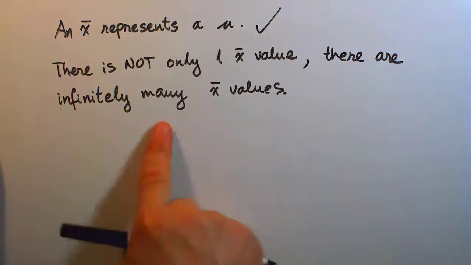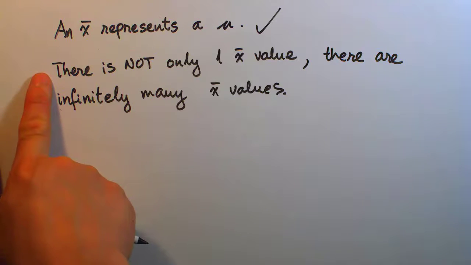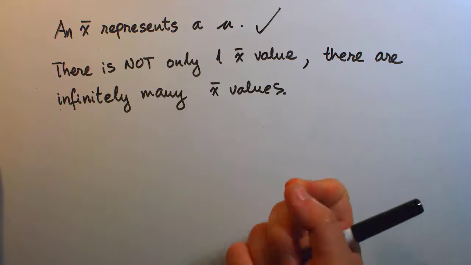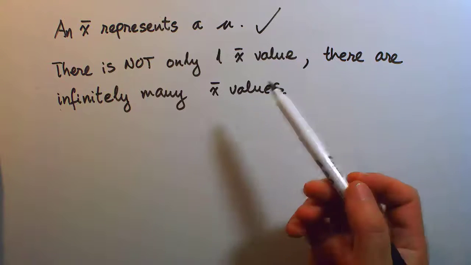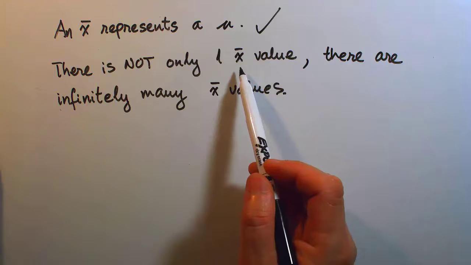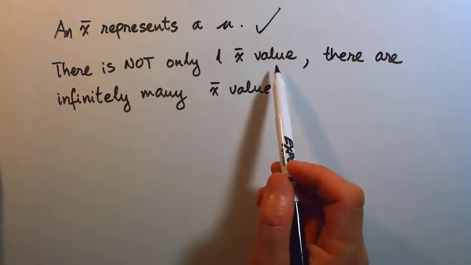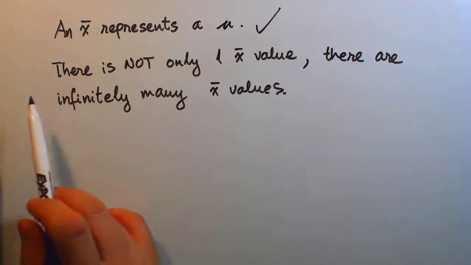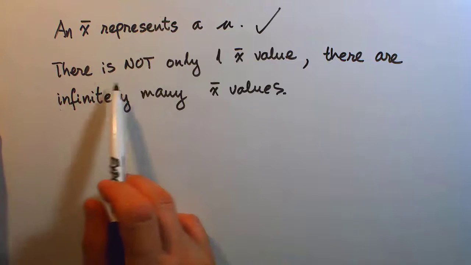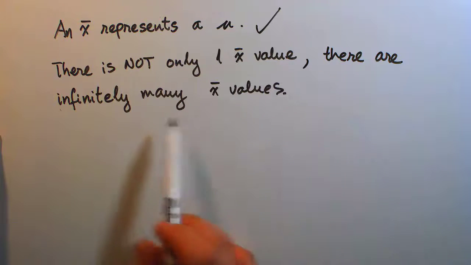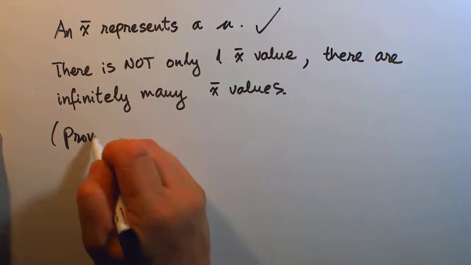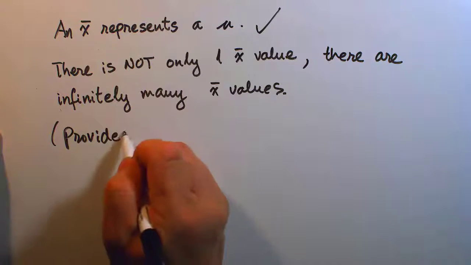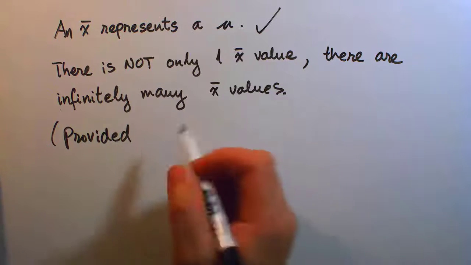How I see that is, anytime we can pick up a sample, there must be another sample existing out there, and each sample gives us a sample mean x bar value. So that's why, at the bottom, we can say there is not only one x bar value, there are infinitely many x bar values. And of course, I'm talking about these sample mean values provided that they all come from the same sample size.